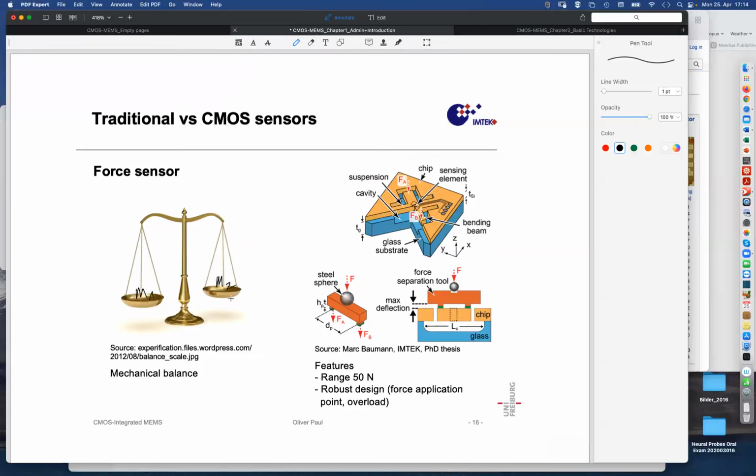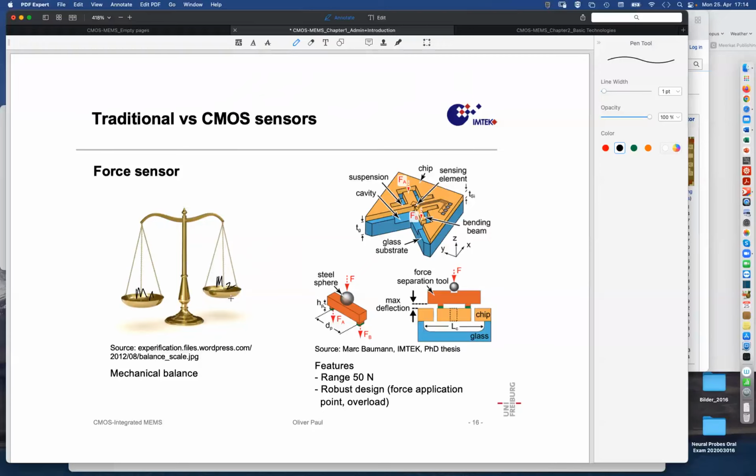It will just flip to one side if one mass is heavier, or you can measure an unknown mass by putting in calibrated masses. So this is how my grandmother had her vegetables weighed at the market in Graz. I remember that well, adding these weights until they knew what she had to pay.